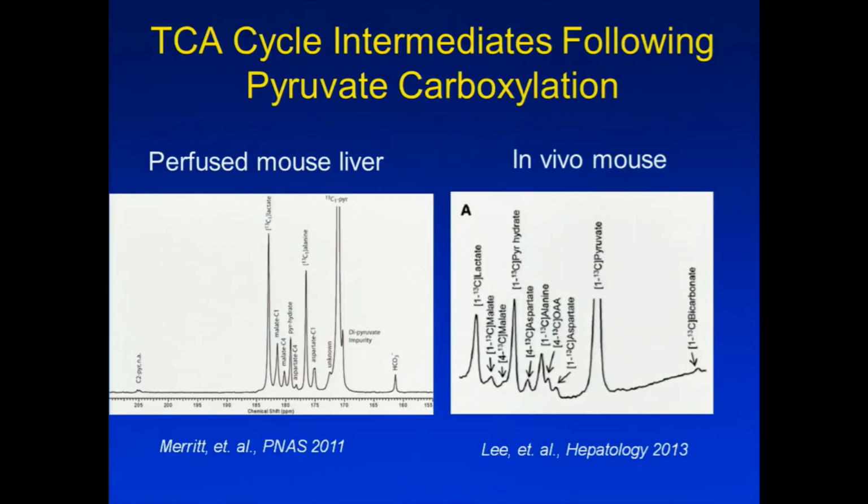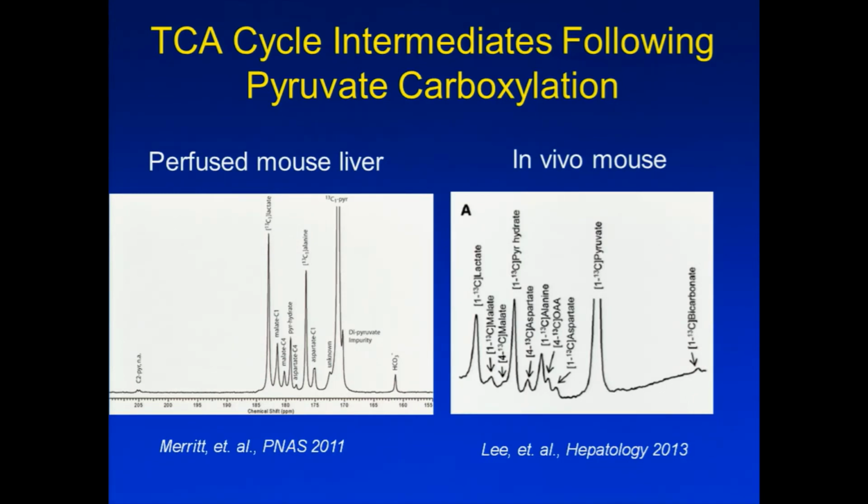Here you see some experiments we did in the perfused mouse liver. So you can see this asymmetry between malate C1 and C4. So we're actually looking in real time at the exchange of pyruvate all the way back to fumarate, which is a symmetric molecule, and it's coming back forward with a decreased intensity.